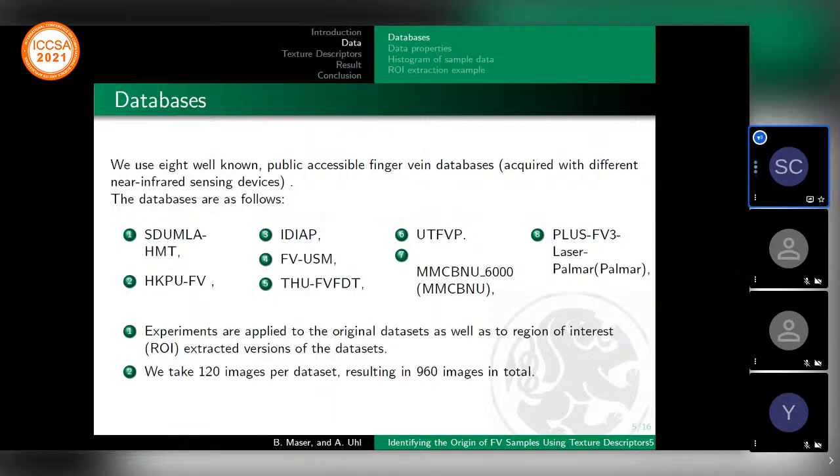The database that we use for the experiments consists of 120 images per dataset, which results in 960 images in total. If we have an evaluation image, we want to find out which database it comes from, so which sensor is used.